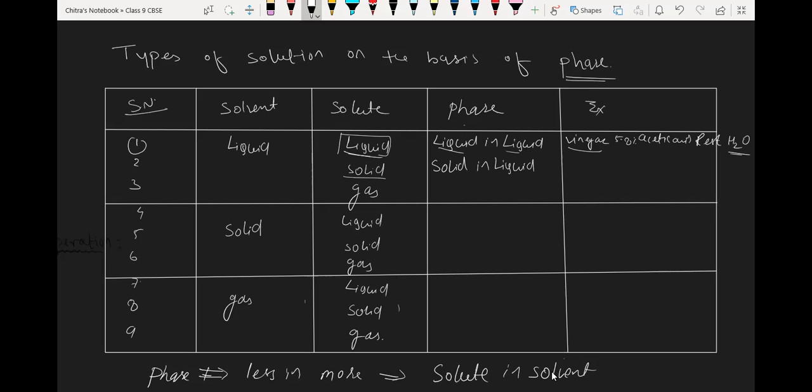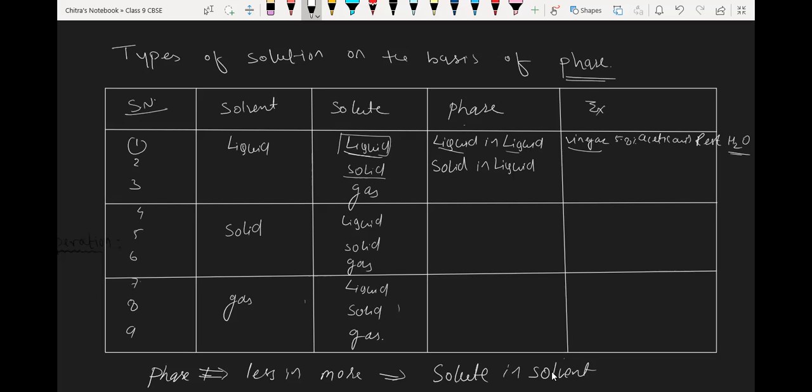Phase is on the basis of state: solid phase, liquid phase, or gaseous phase. Heterogeneous has different phases, and that phase is on the basis of visibility, whether we can identify them separately or not. Phase has the same spelling but different meaning in different places.